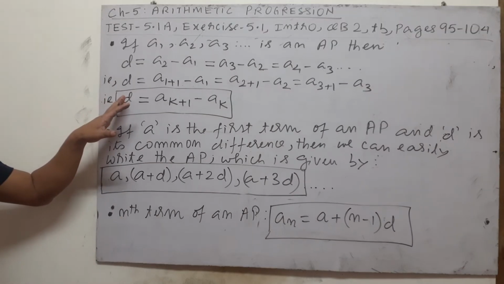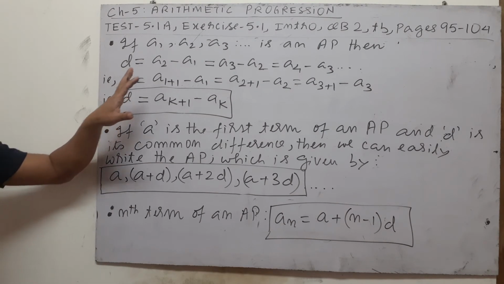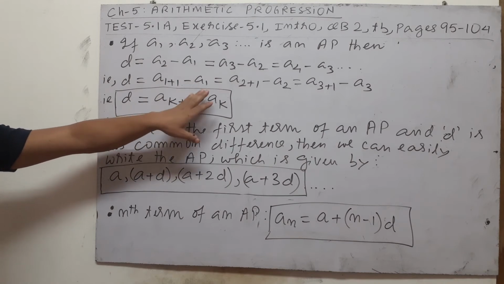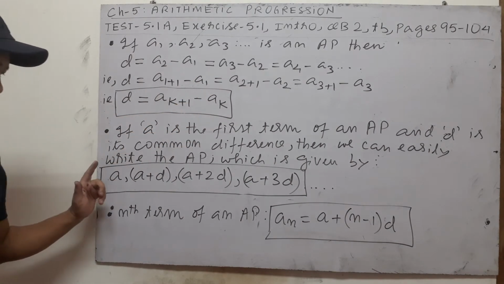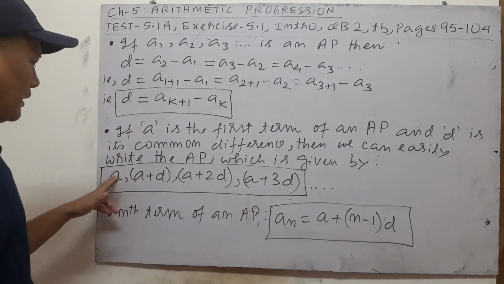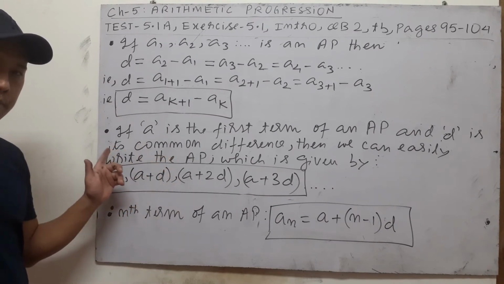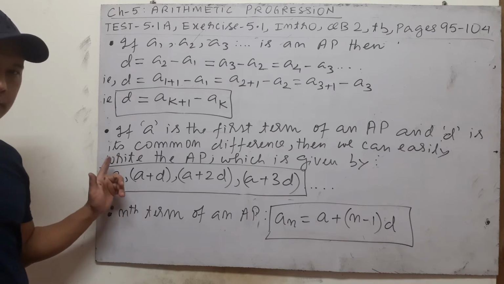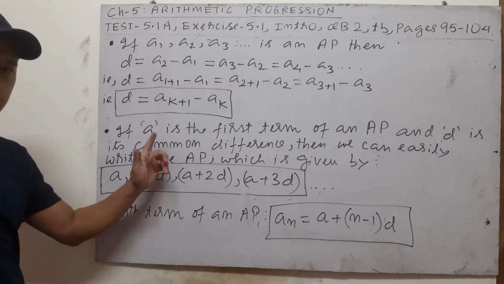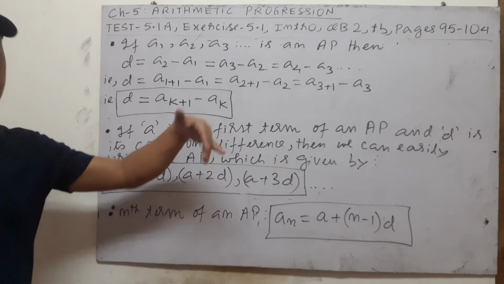Common difference we find by the formula d equal to a k plus 1 minus a k. Then if a and d are given, then we can easily write the AP by following the pattern: a, the second term a plus d, third term a plus 2d, a plus 3d, like that.